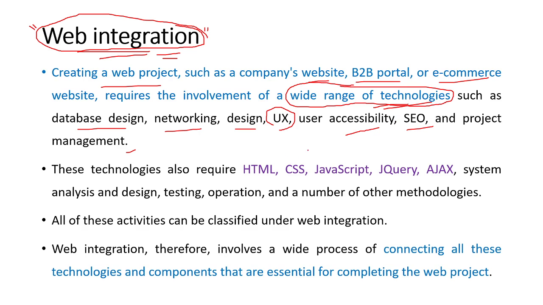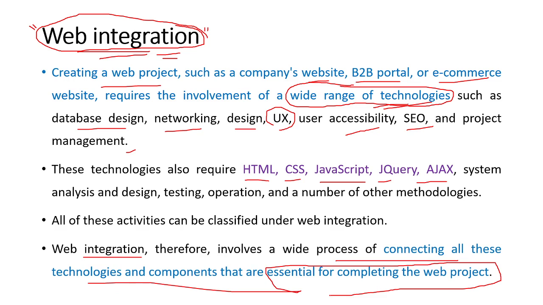Clear? So along with that, you have to deal with other technologies like HTML, CSS, JavaScript, jQuery, Ajax, and so on. Clear? So web integration, according to the author, is a process of connecting all these technologies and components which will be used for creating a web project.